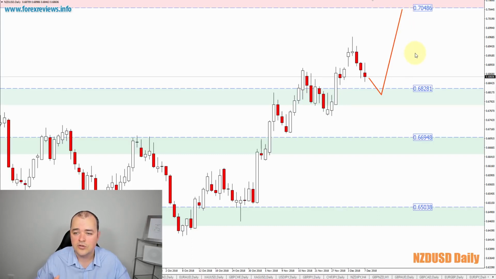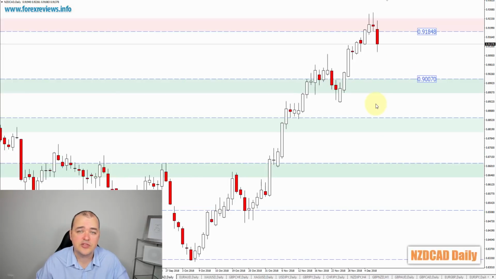So overall on New Zealand USD, the 68.28 zone area is an area on this market where I'm just looking for bullish evidence and a potential move to the upside from this important area and a potential continuation in this market's trend. Okay, well that's it for that market.